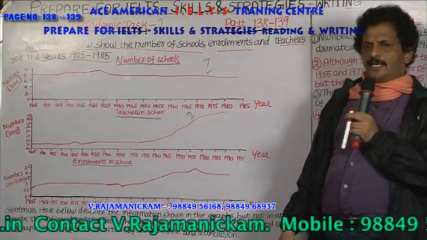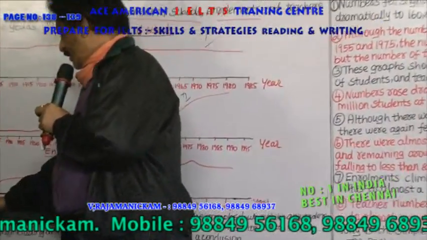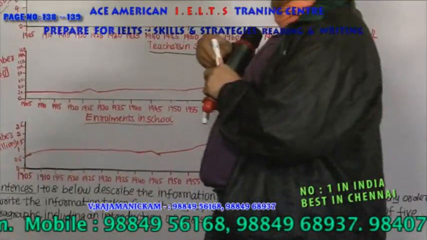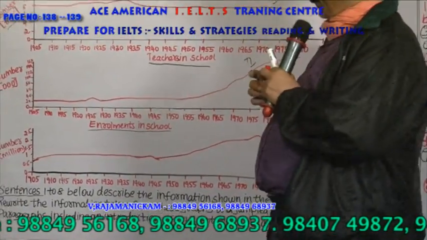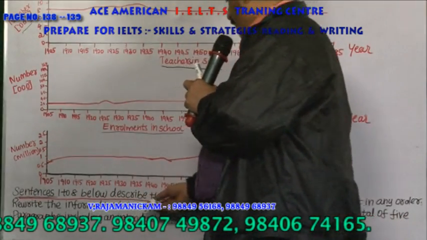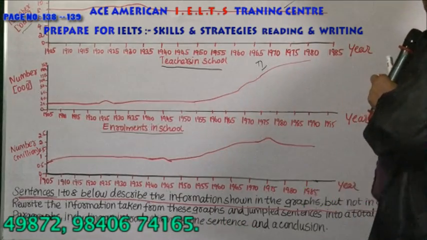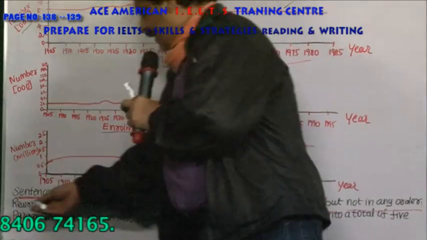Coming here, underneath we are given sentences 1 to 8. They describe the information shown in the graphs, but not in any order. Rewrite the information taken from these graphs.